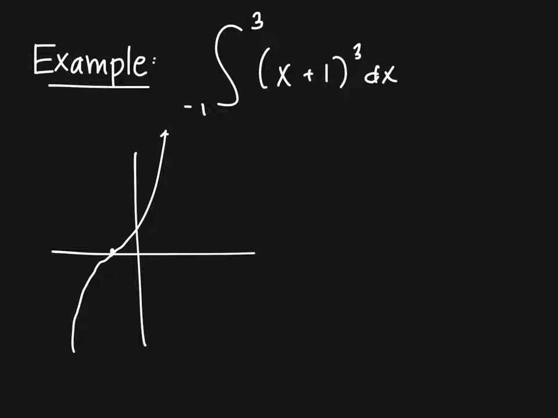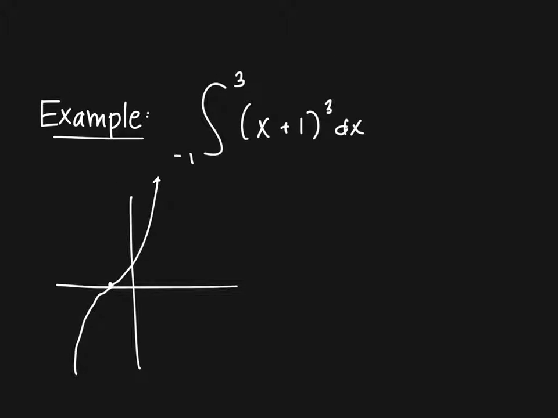So there's my cubic, and I'm going from -1 to the boundary of 3. I'm going to run out of space here, so you'll have to forgive me, but my area would be going farther than that.